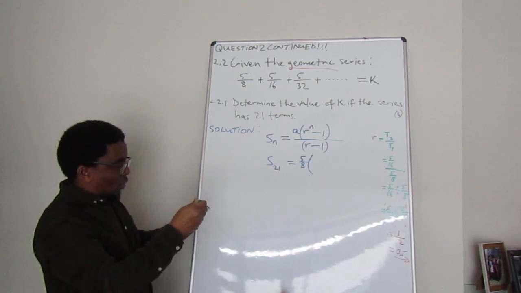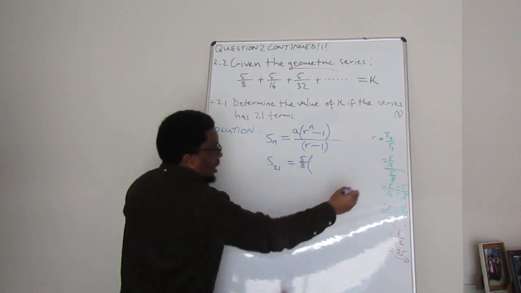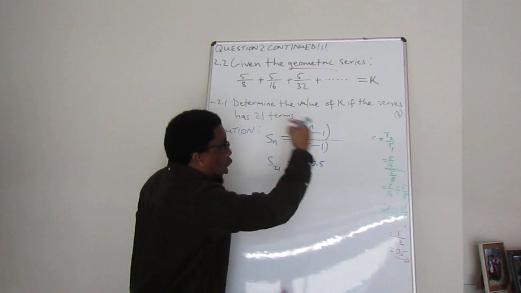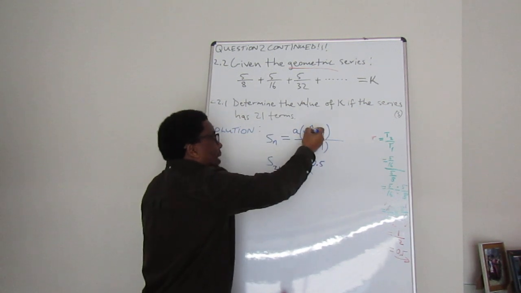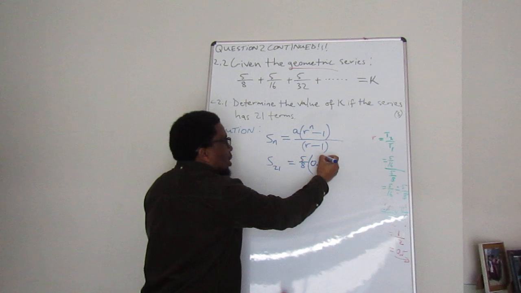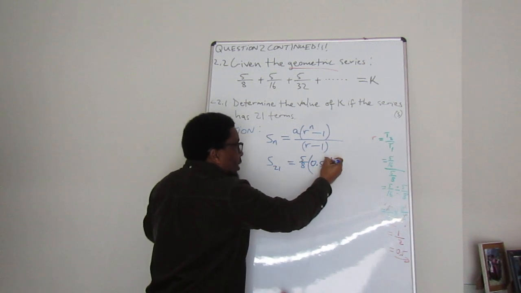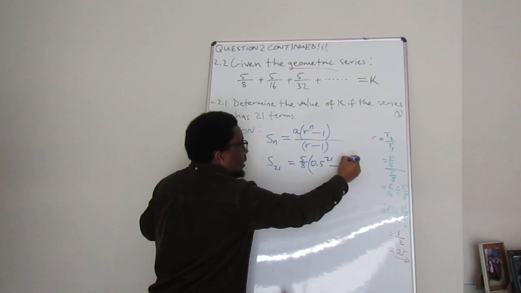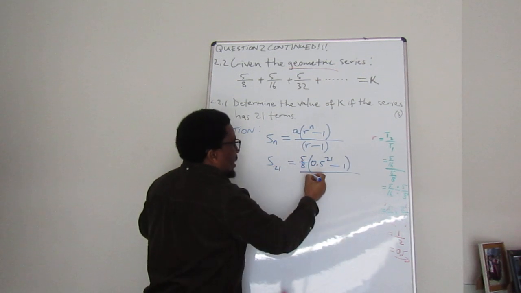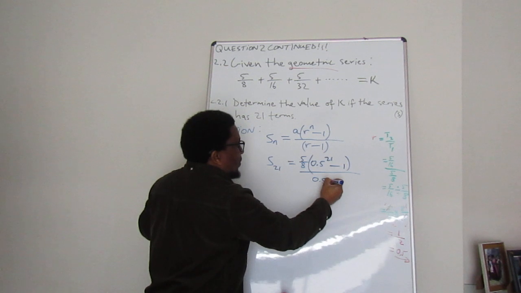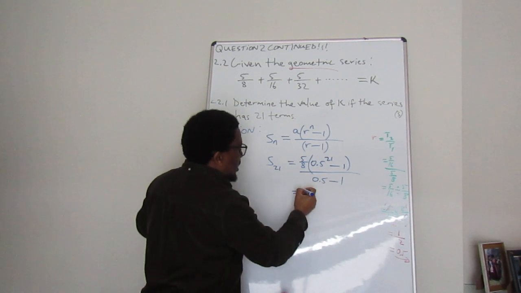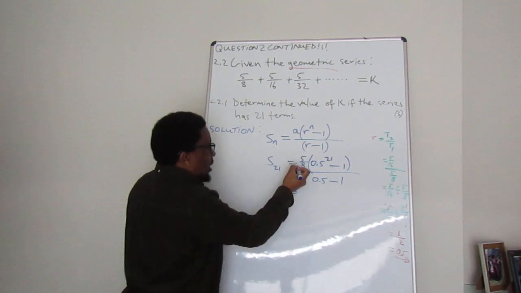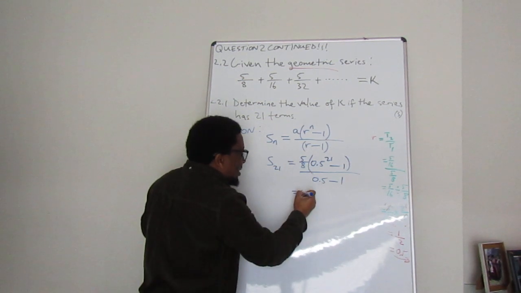So the value of R is equal to 0.5, all to the power n. What is n? It's 21, to the power 21, minus 1, all over R, which is 0.5 minus 1. Okay, let's do the calculation now. 8 goes into 5, 0.